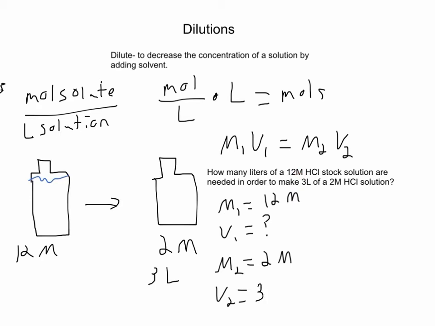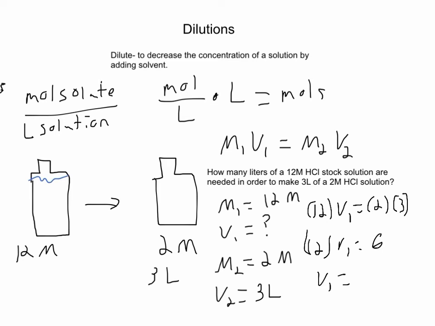So when we plug these values in, we get 12 times V1 equals 2 times 3. So 12 times V1 equals 6, so V1 equals 0.5 liters.